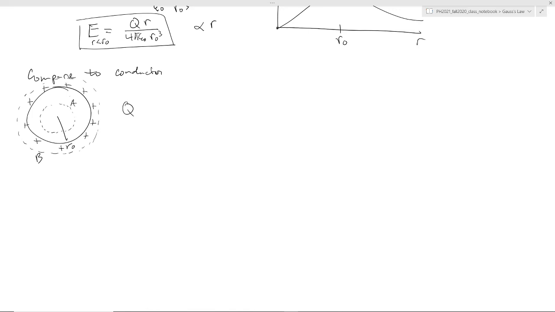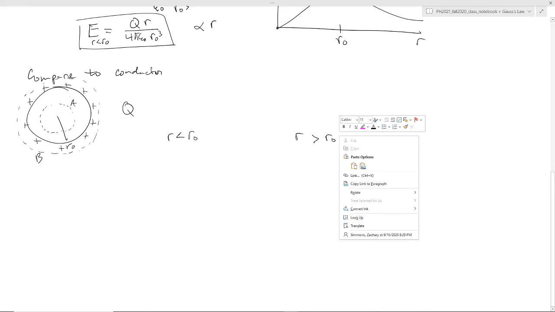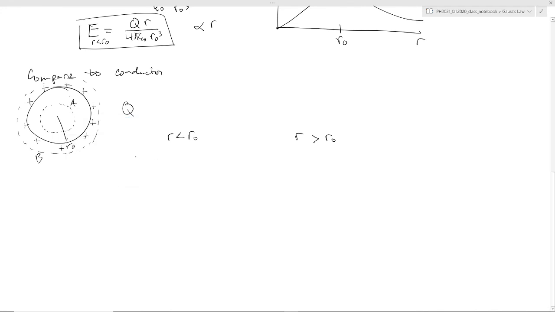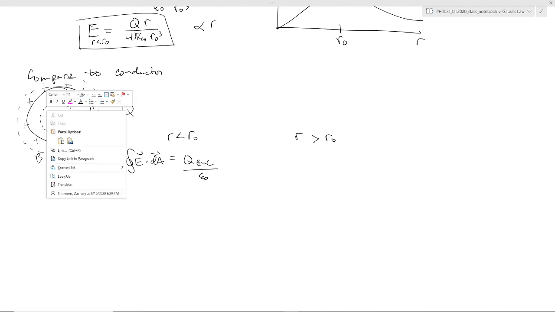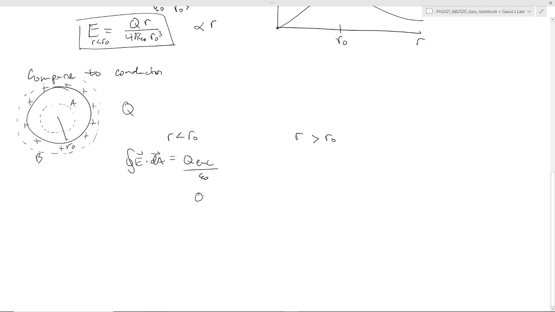Now, what that means is that when we look at our two regimes, inside, this problem becomes very simple because there is no charge enclosed within surface A, because it's all on the surface. So this would become 0, and as a result, the electric field must be 0.